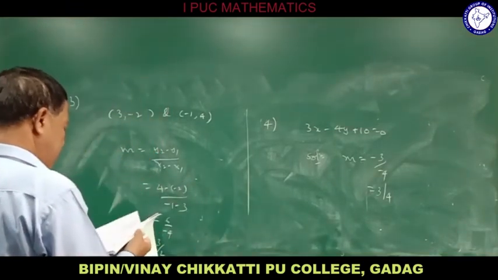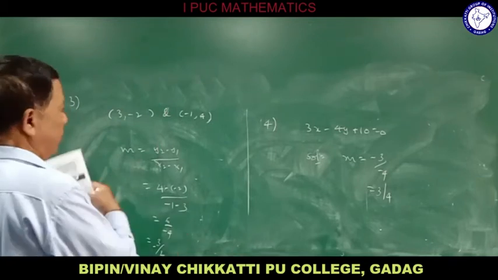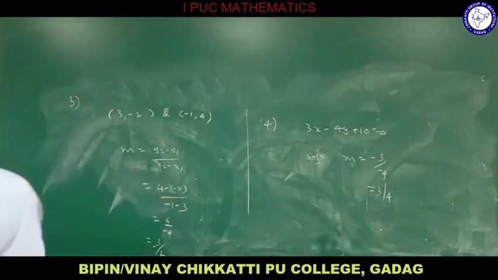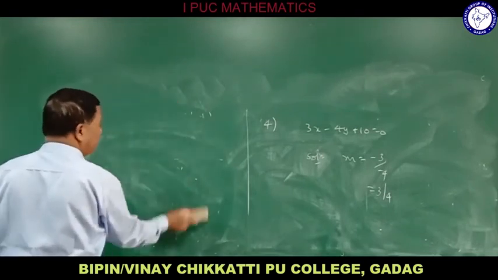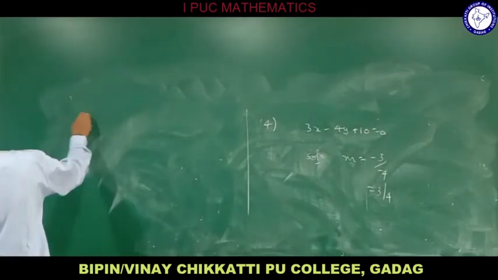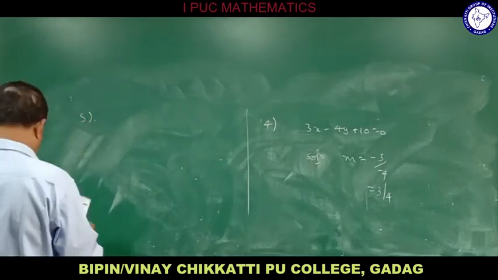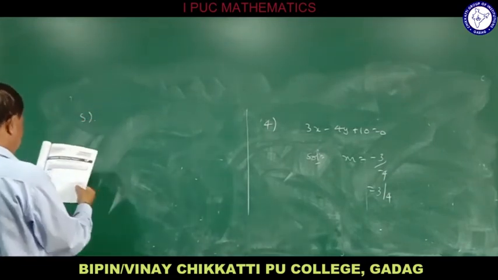Now I am going to write model 5. What is the question they asked in model 5, and accordingly we can do the practice. Find the slope of the line.